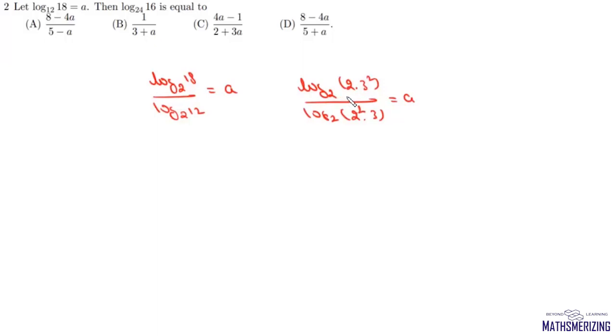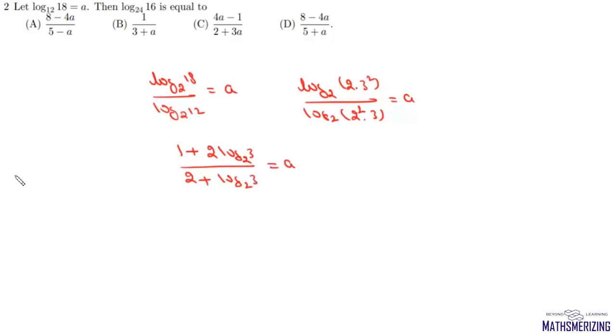Now we'll use the property log of m into n is log m plus log n, and log m to the power n is n log m. So we can write log 2 base 2, which is 1, plus 2 log 3 base 2, upon 2 plus log 3 base 2, and it is equal to a.